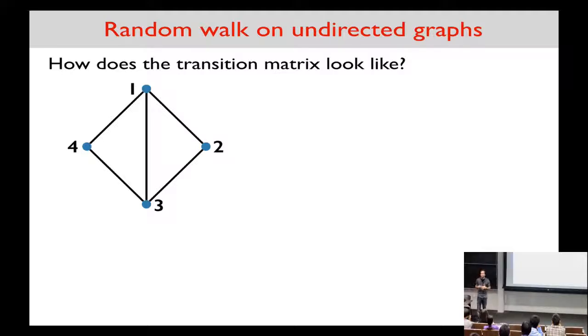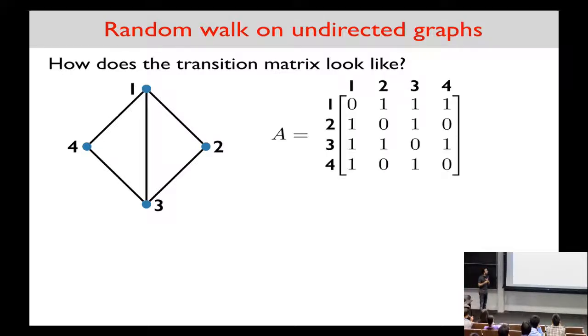How does the transition matrix look? First of all, here's the adjacency matrix of the graph. Vertex 1 is connected to vertex 2, vertex 3, and vertex 4, and so on. How would I obtain the transition matrix K from the adjacency matrix A?